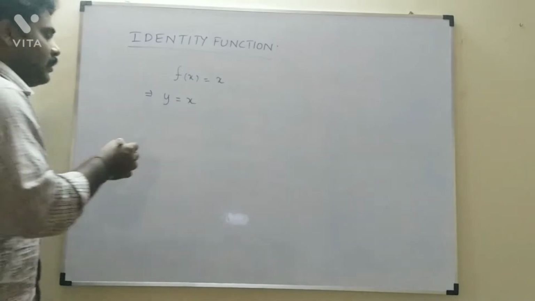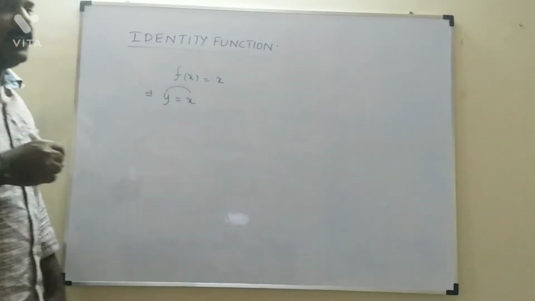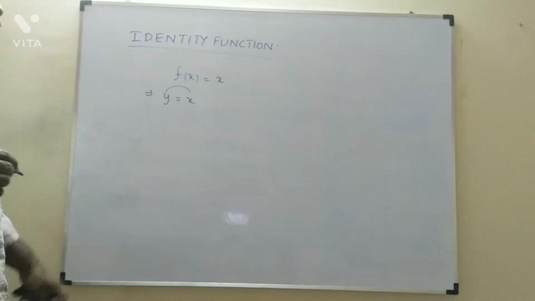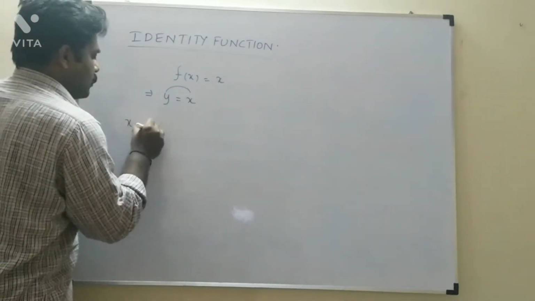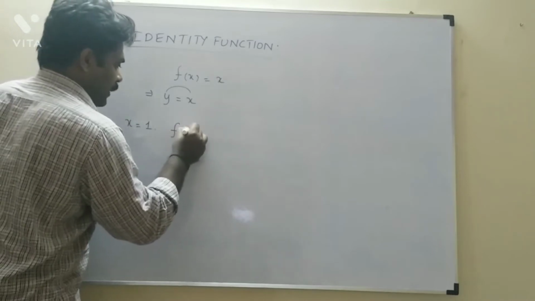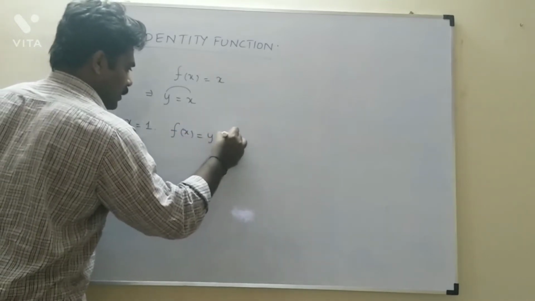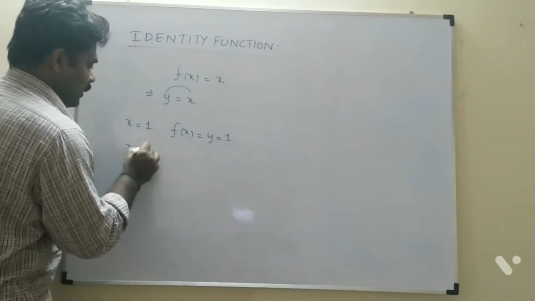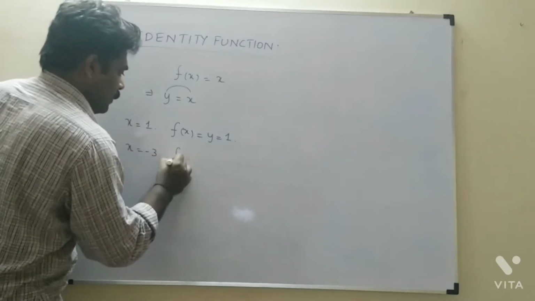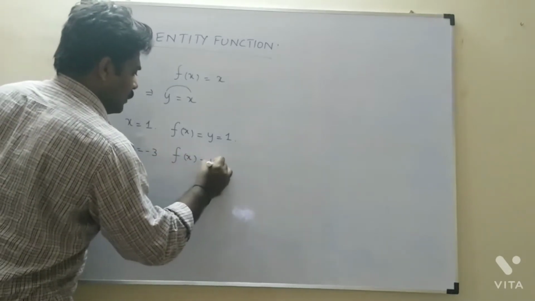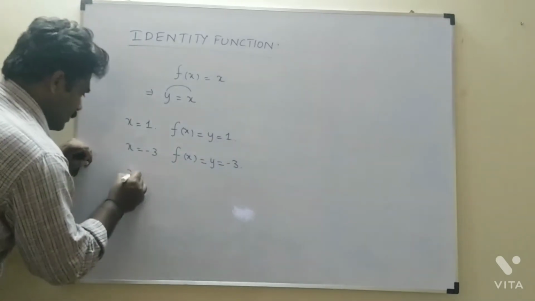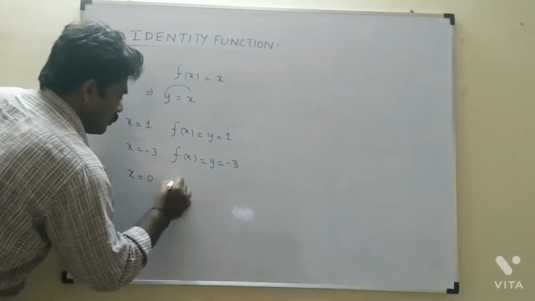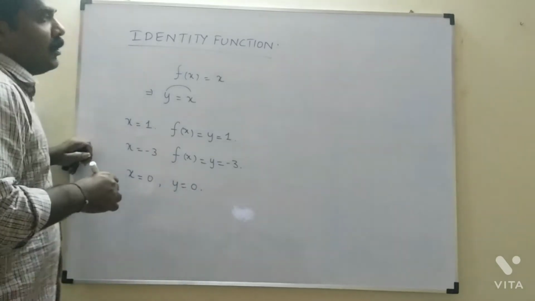That means both x and y, my input and output, resemble each other. Let us say I take x is equal to 1. So my f of x, that is y, will also be equal to 1. Let us say x is equal to minus 3. So y will also be equal to minus 3. Let us take x is equal to 0. So y will also be 0.